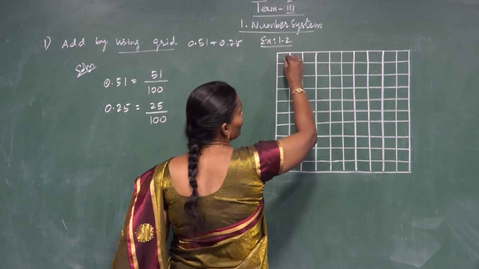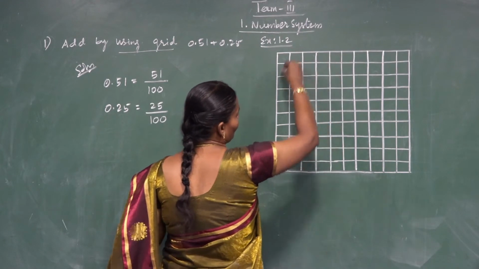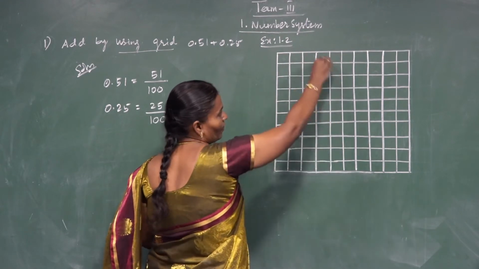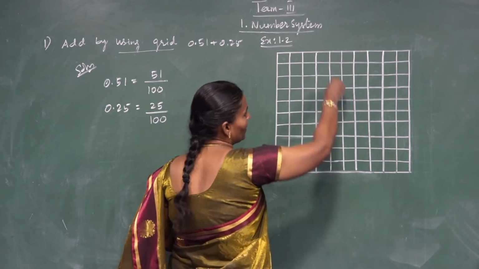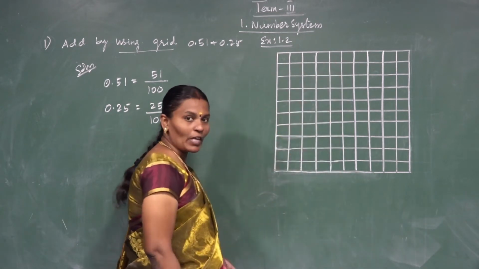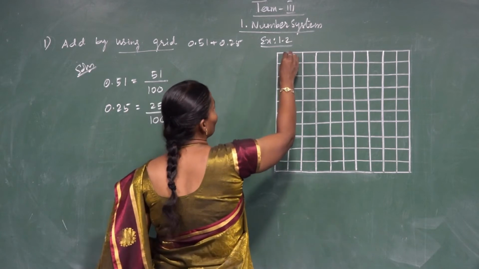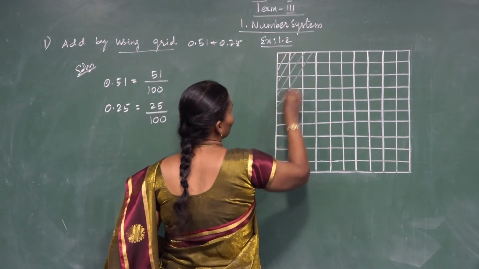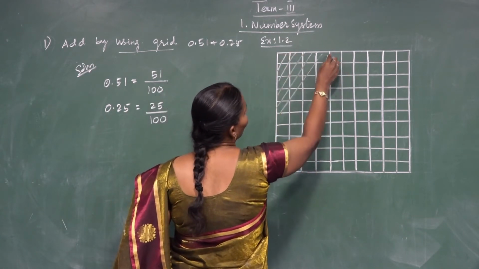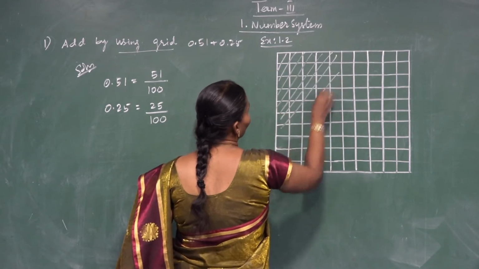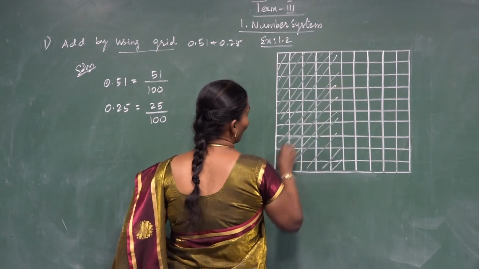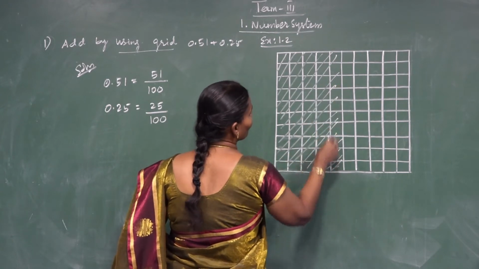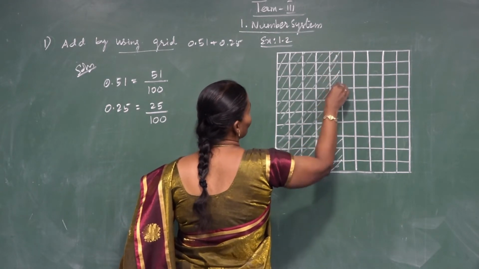These 5 columns occupy 50 boxes. So you have to shade these 50 boxes, like this. So this is 50 boxes shaded.